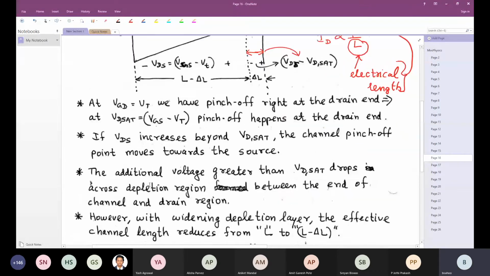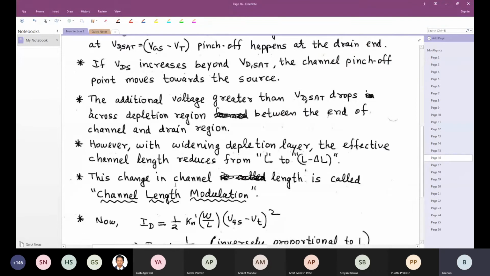This change in channel length is called channel length modulation. That means your drain source voltage is now modulating the effective channel length of the transistor.